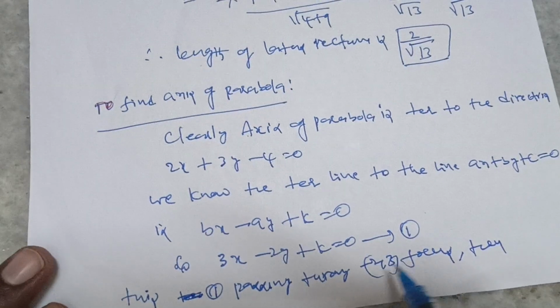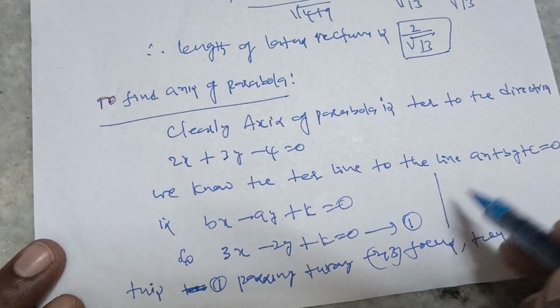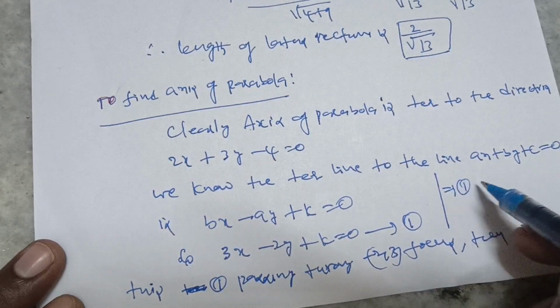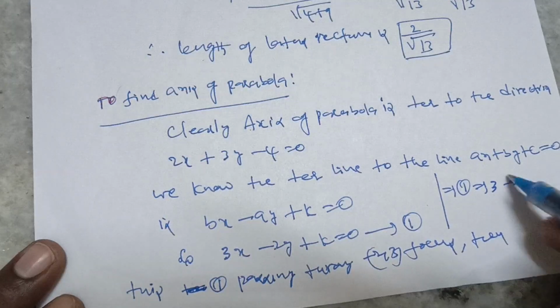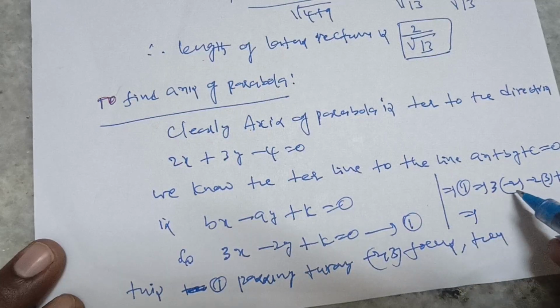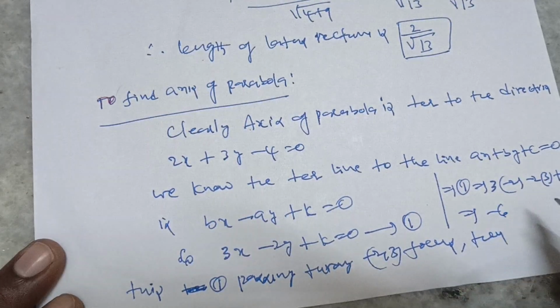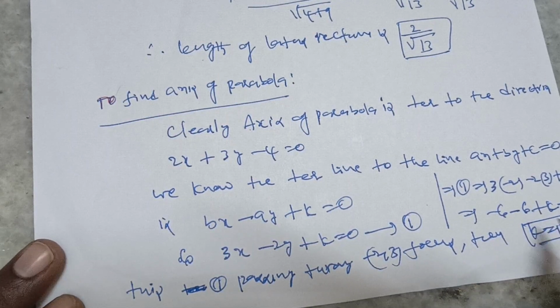Then put x as minus 2 and y as 3 in equation number 1. Then equation 1 implies 3 into minus 2 minus 2 into 3 plus k equals 0. 3 twos are minus 6 and 2 threes are minus 6, plus k equals 0. So k equals 12.